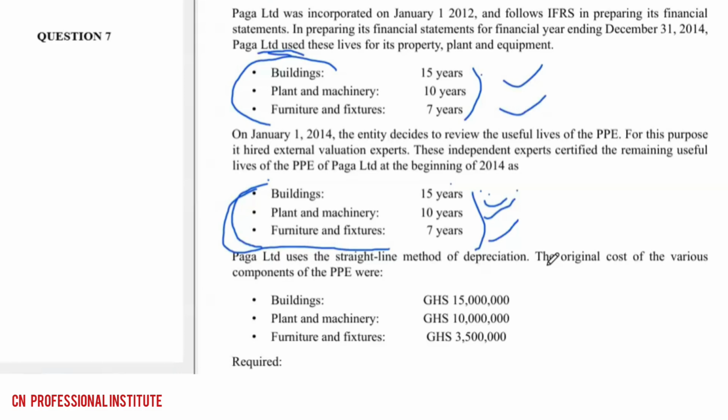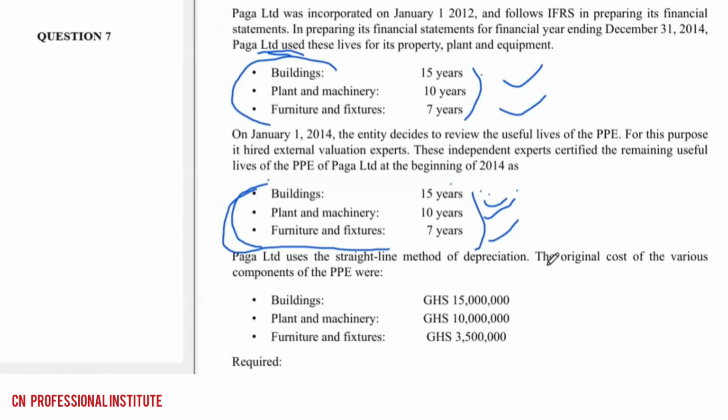So we will need the carrying value as at 1st January 2014, and that's what we are going to use to calculate depreciation for 2014. So depreciation for 2014 will be the carrying value divided by the revised remaining useful life, right?